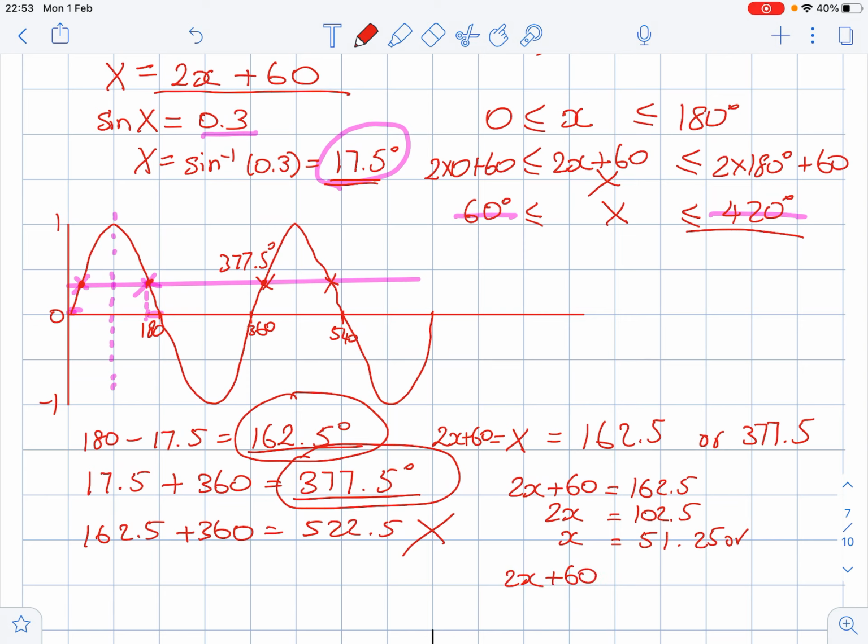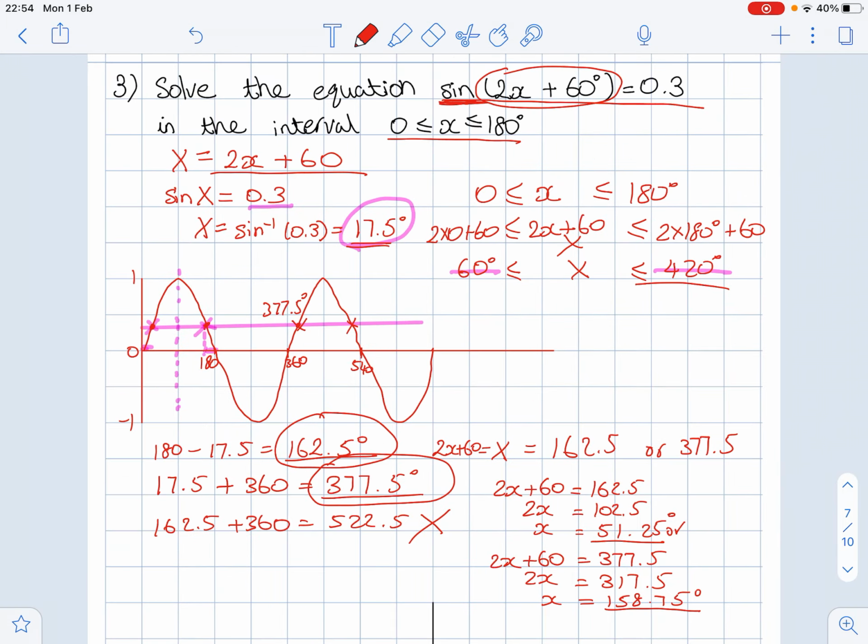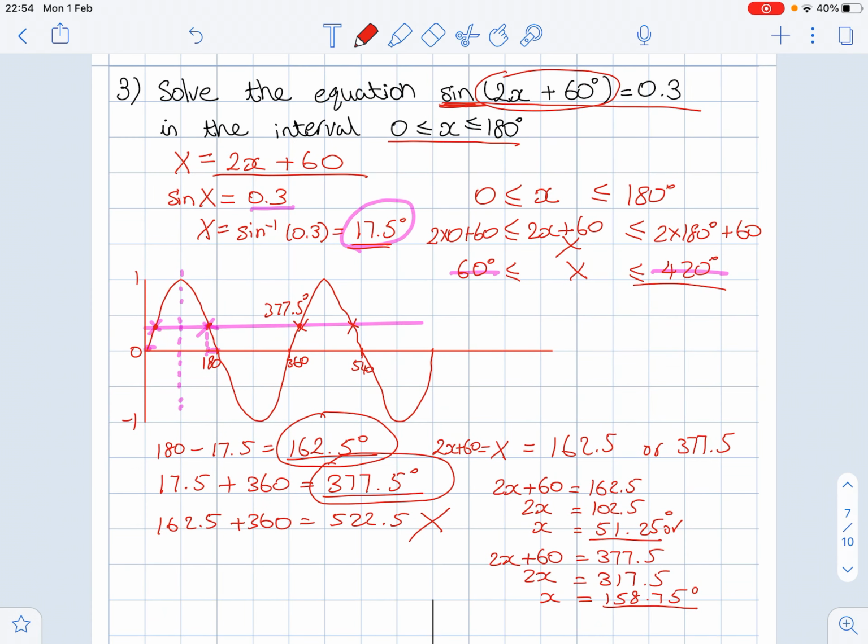Or I could have 2x plus 60 equals 377.5, and solve this. So I have my two solutions, 51.25 and 158.75 degrees.